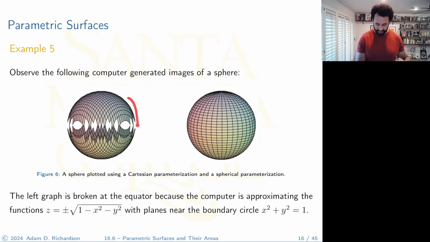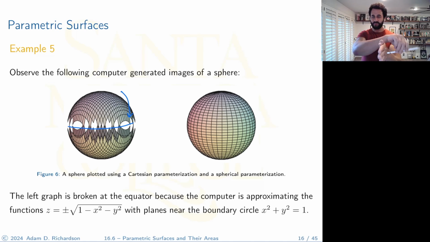Well, what happens as you get close to this boundary circle, right? There's a boundary circle right in the middle here. What happens to the planes as you get closer and closer to that boundary circle? Well, they start getting straight, right? Well, that's a problem because when they get straight, that means that the tangent basically has no slope.